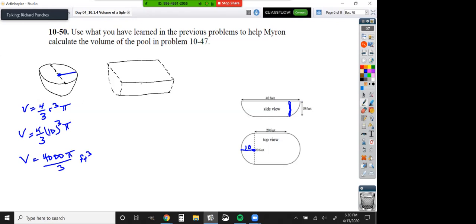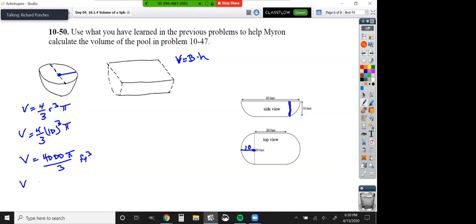The volume of the cylinder. So yesterday we learned the volume of a cylinder, or the previous lesson, was the base area times the height, where the base area is a circle. We want to get half. Oh, I'm sorry, I made one other mistake. I need to find half of this problem.